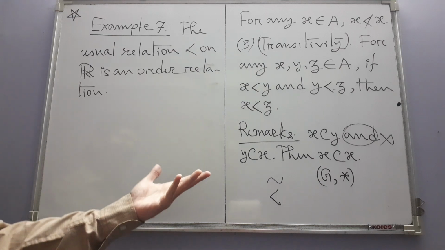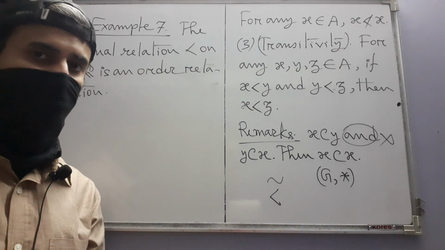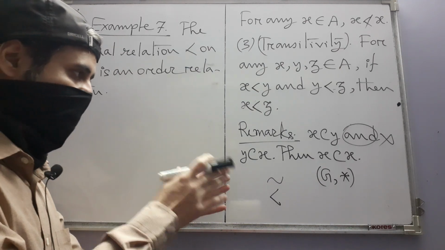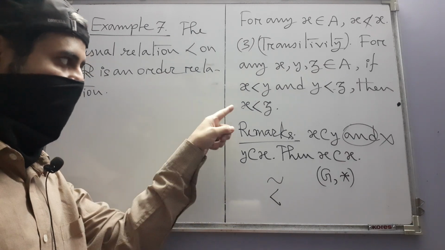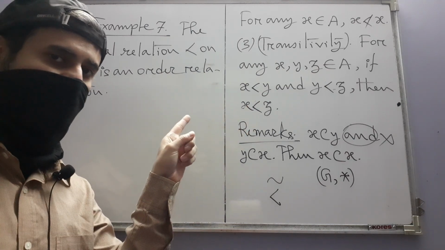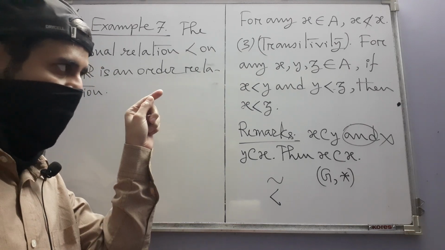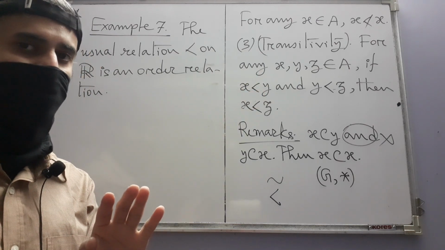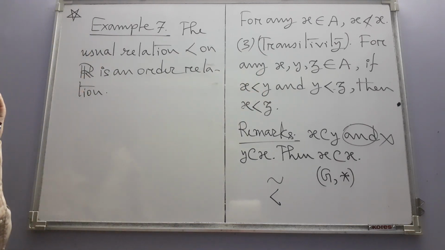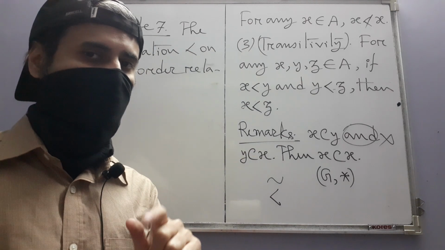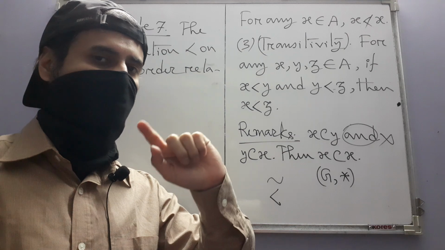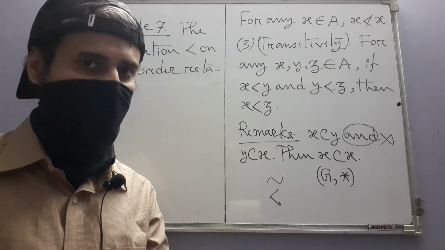And the conditions here follow from the properties of real numbers. In fact, in Terence Tao's analysis, we rigorously proved these things. We defined this usual order relation on R, and we proved these properties. For example, if we are given two distinct real numbers, x and y, then either x is less than y or y is less than x.